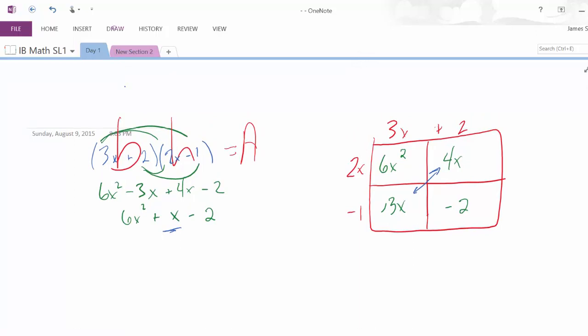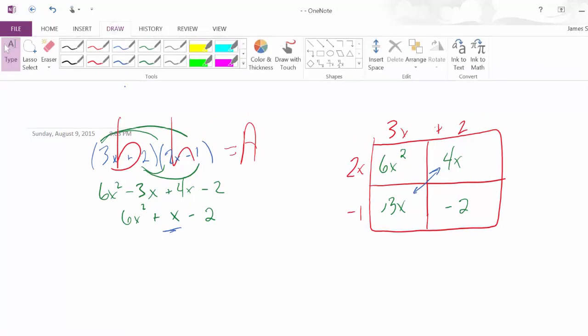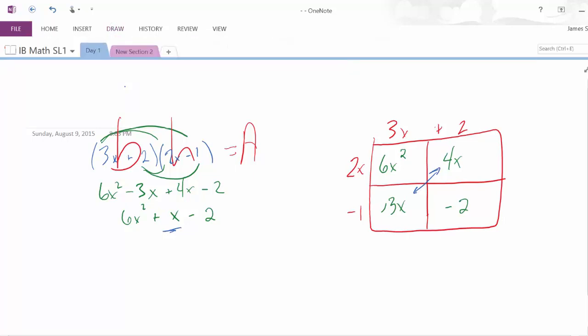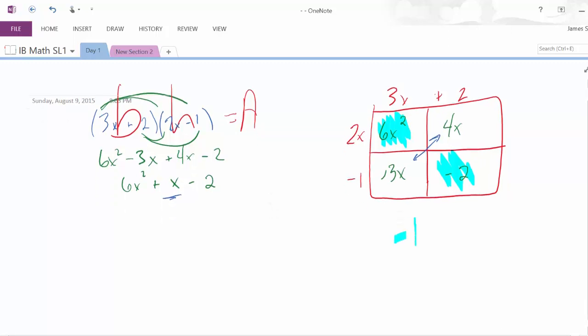But I want you to notice something. I want you to notice this box and this box. What do they multiply to? They multiply to negative 12x squared.